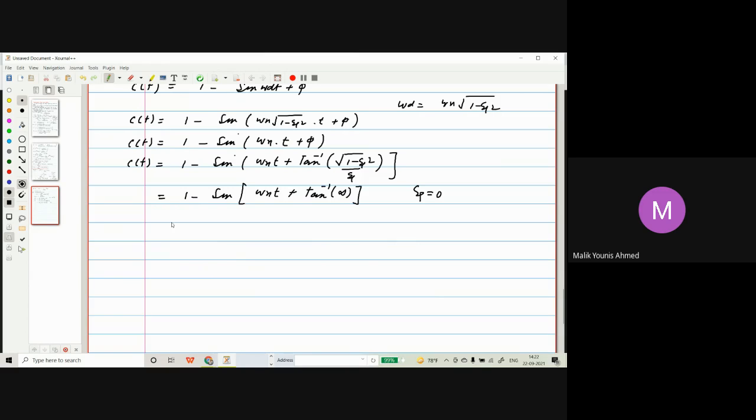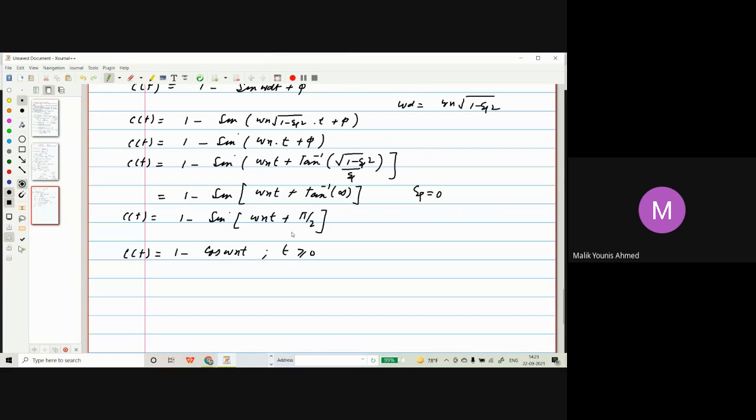So c of t can further be written as 1 minus sine of omega n t plus tan inverse of infinity, which is pi by 2. Tan is infinite at pi by 2. So sine of 90 plus theta is cos theta. So c of t is 1 minus cos omega n t. This is valid for t greater than 0.